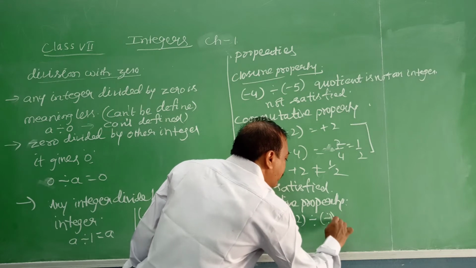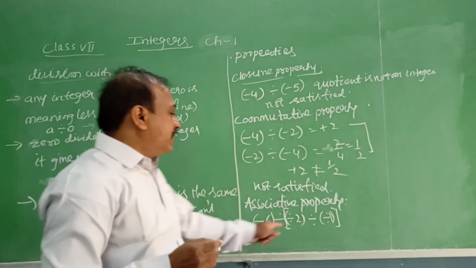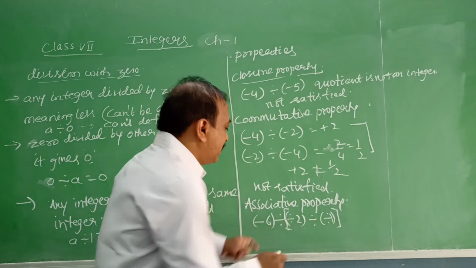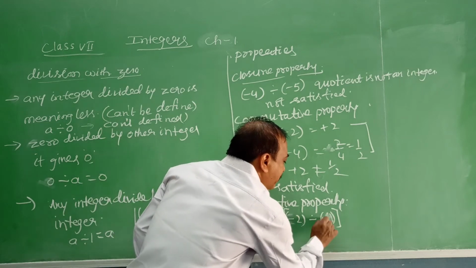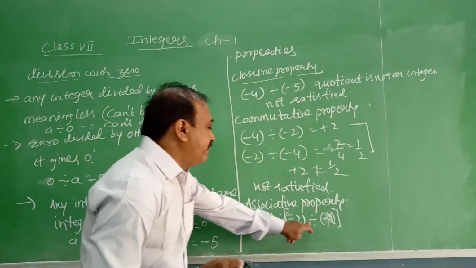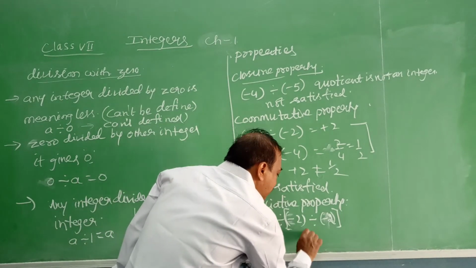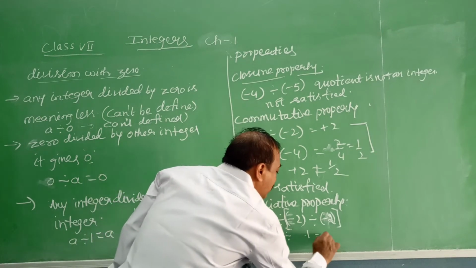Let us see. Minus 6 divided by minus 2 is equal to plus 3, and minus 2 divided by minus 2 will be plus 1, and minus 6 divided by plus 1 is equal to minus 6.